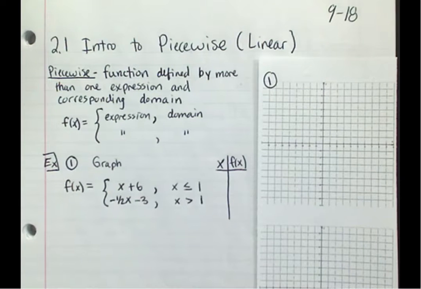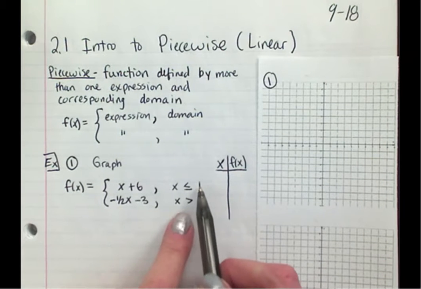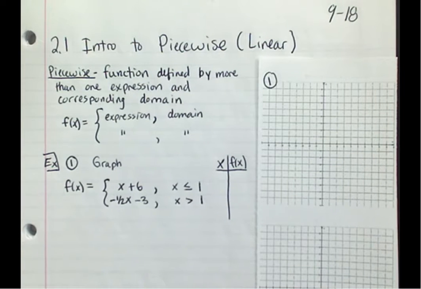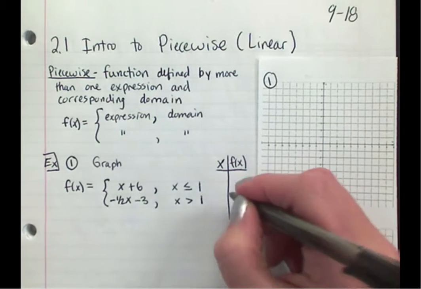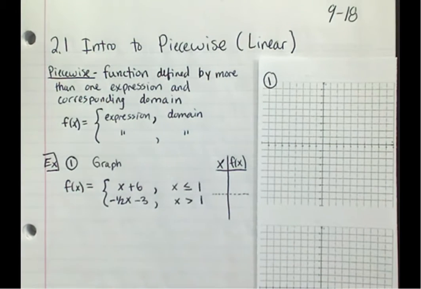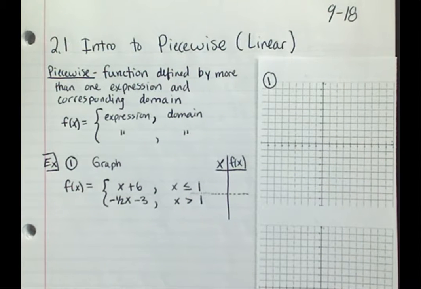And so we have to plot a few points. In this particular case, the only endpoints I see are at x equals 1. That's where the domain is starting and stopping. And so I'm going to put a little dot, dot, dot, dot, dot, lined up. See that dot, dot, dot right in between the two pieces? That's to help me visualize where in the table the two pieces are occurring.